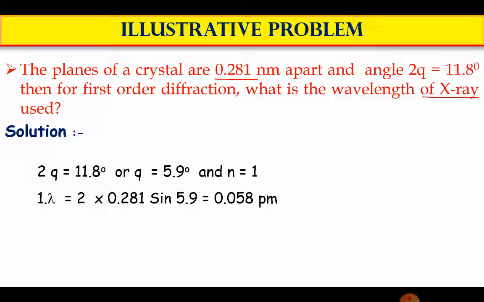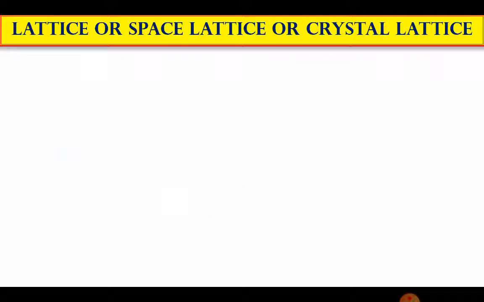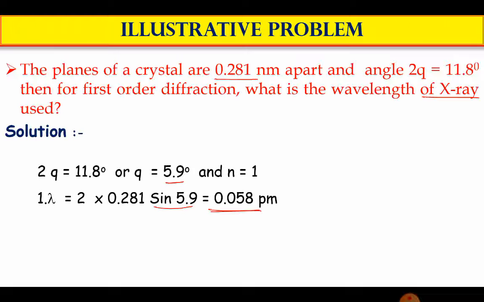And n is equal to 1 for first order diffraction, and d is given as 0.281 nanometer, so it will be converted. The answer is 0.058 nanometer. Okay, sorry, picometer.